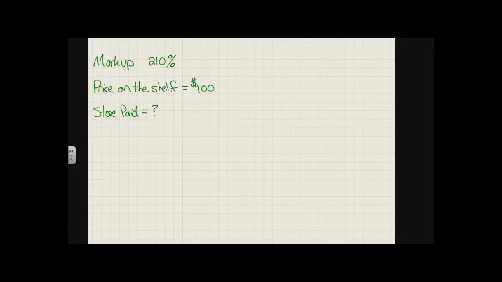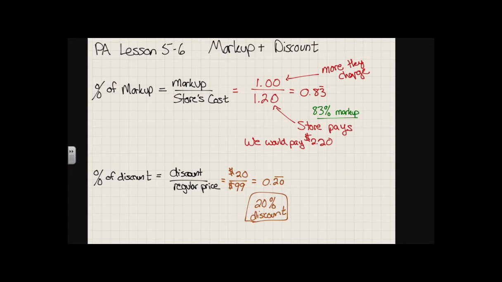So, before I get too far here, I'm going to go back and start with this. My equation: percent of markup equals markup over store's cost. Okay? And we're going to decide whether or not we have enough information to figure this out.